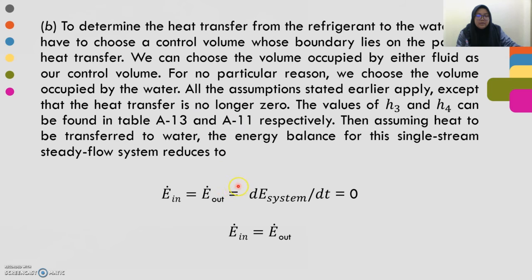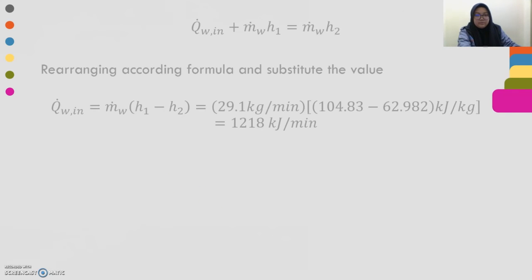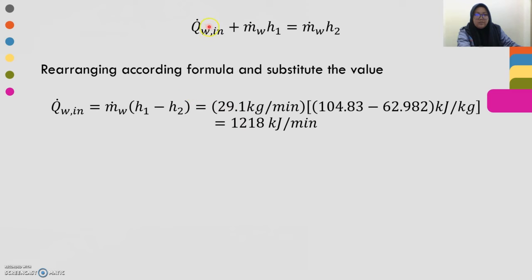So the formula to find B is E dot in is equal to E dot out. So Q dot W in plus m dot H1 is equal to m dot water H2. We have to rearrange the formula because we want to get Q dot W in, which is the heat.